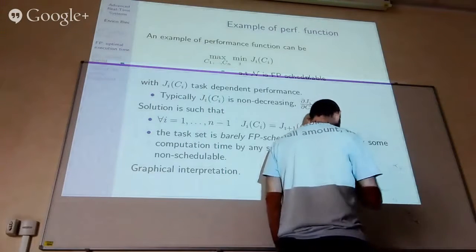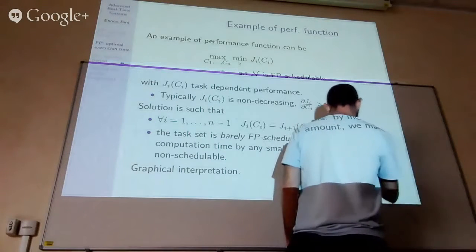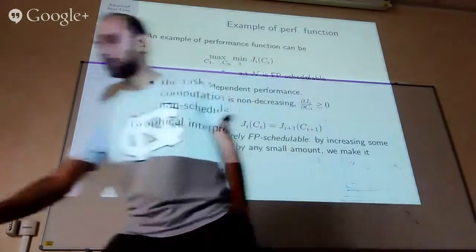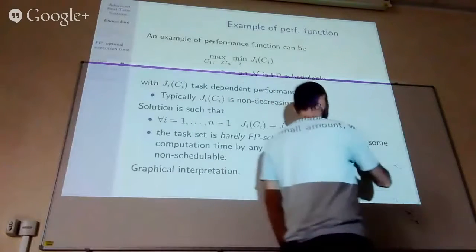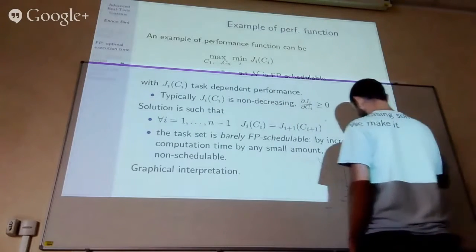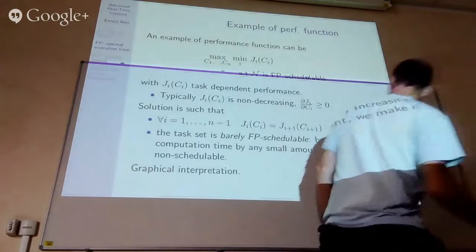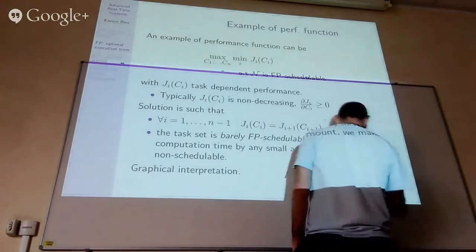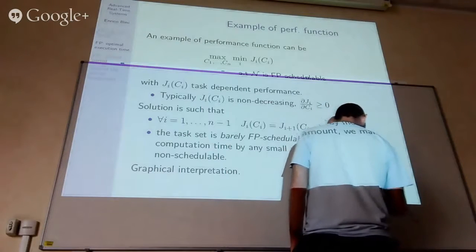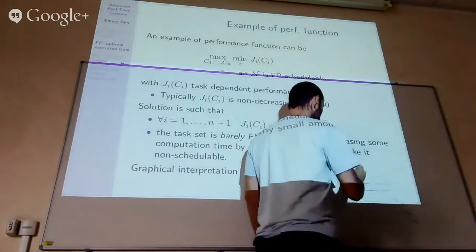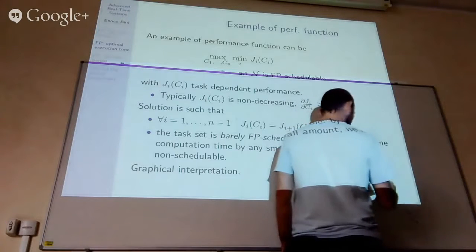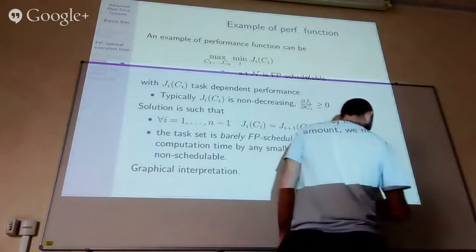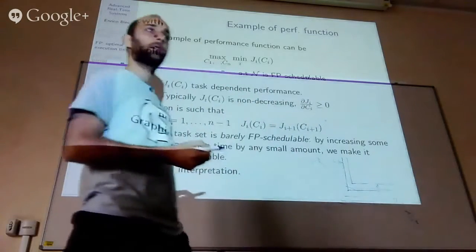So the level curves of the mean of J, so these are the level curves of mean of J, mean J1, J2, J3, and J. Okay, they are like this.